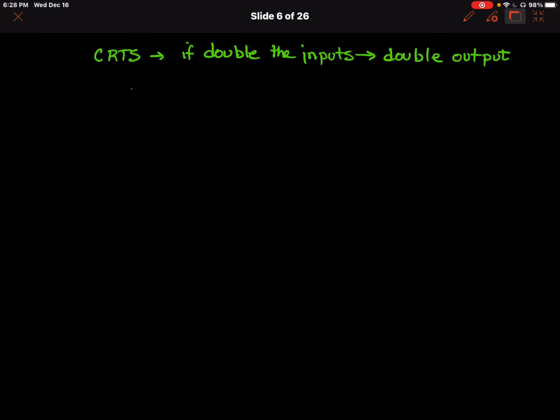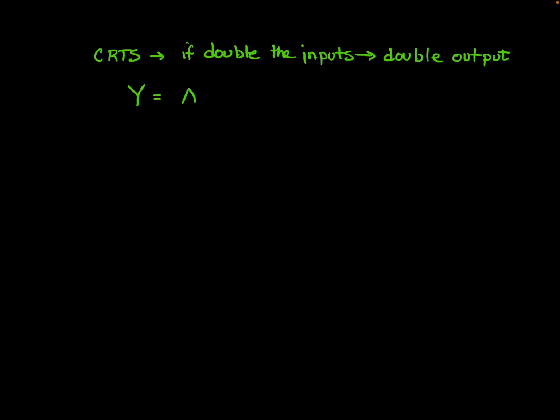And just to see how this works, remember that we have this production function. Let's think about what would happen if we doubled the capital and labor inputs. So we have 2K raised to the alpha and 2L raised to the 1 minus alpha. What we can do is factor out the 2's.